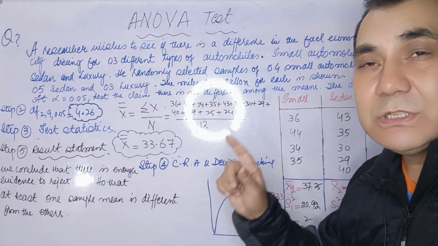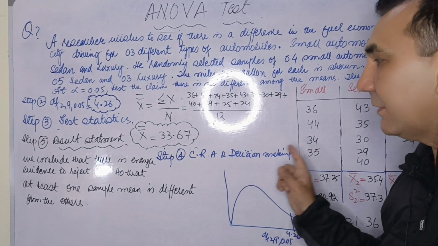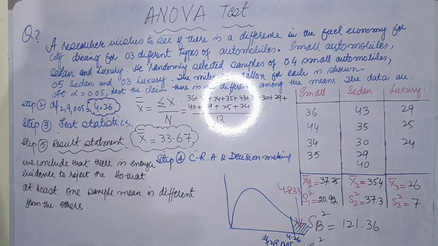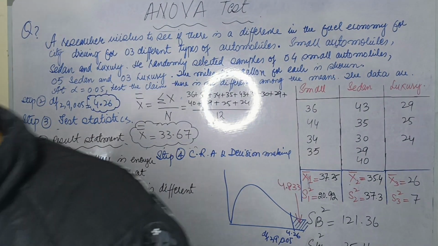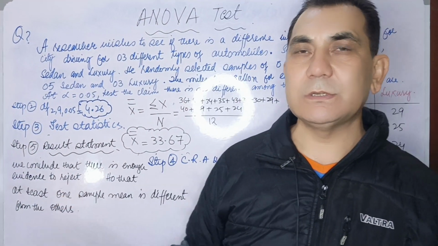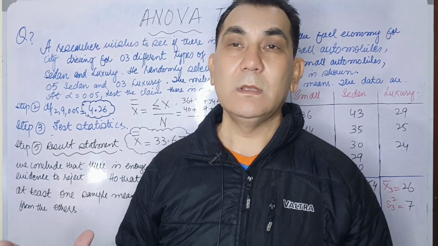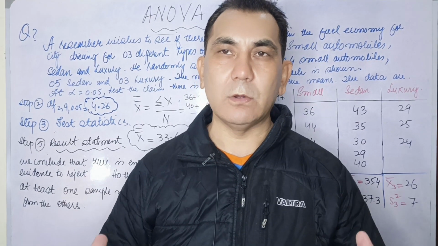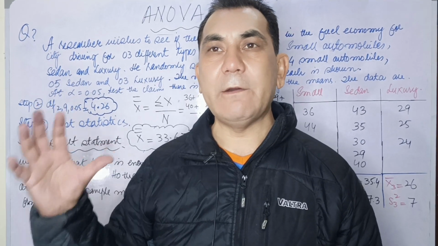And the alternate hypothesis was that at least one sample mean is different from all the others. So in today's lecture, we solved this numerical using the one-way ANOVA test, to clear your concept of how to measure the analysis of variance by using the F test.